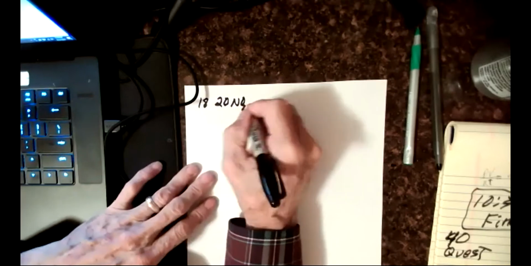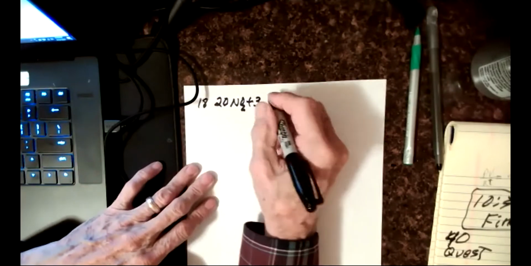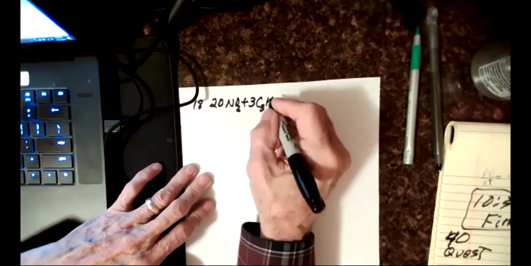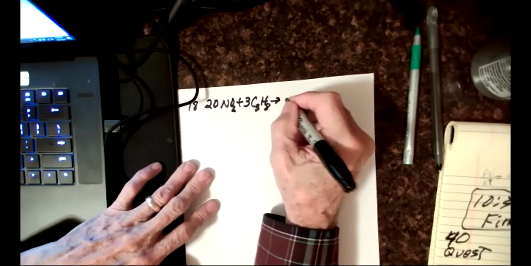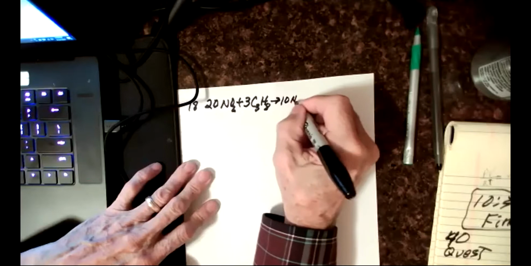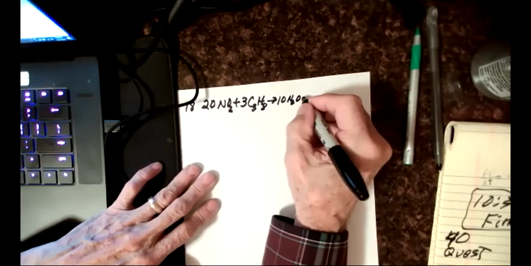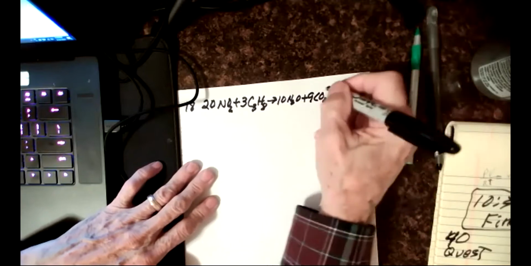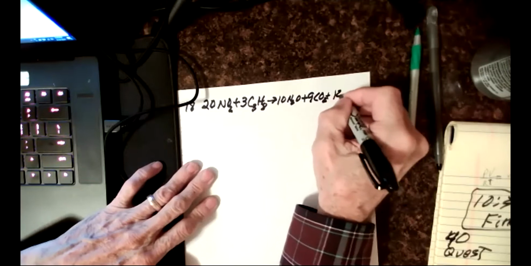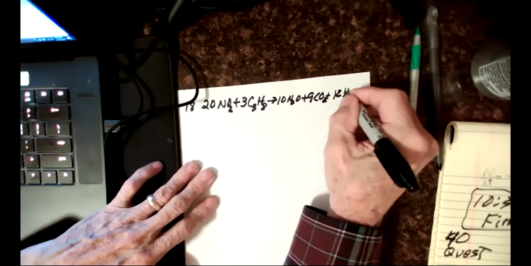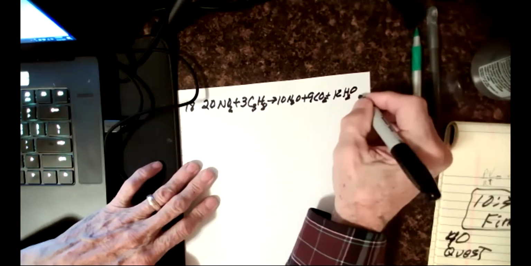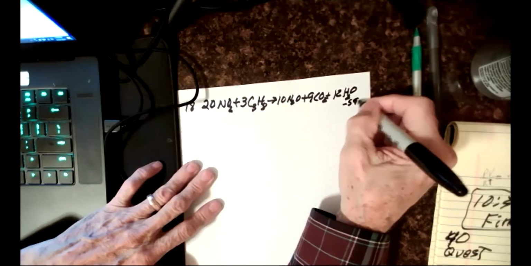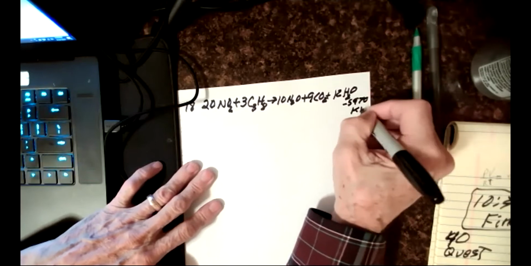20 NO2s and 3 C3H8 goes to 10 N2Os and 9 CO2s and 12 waters and minus 5970 kilojoules is the heat flow.